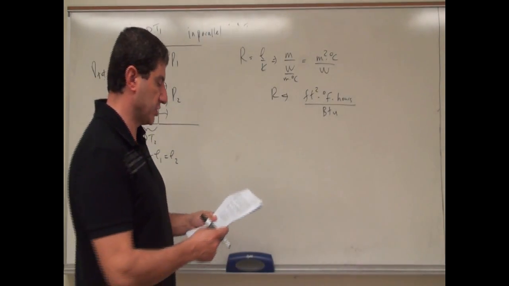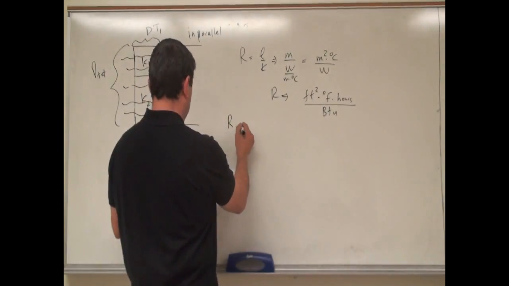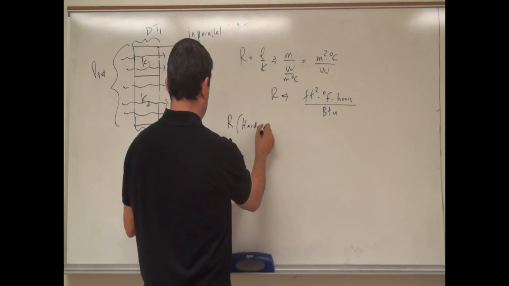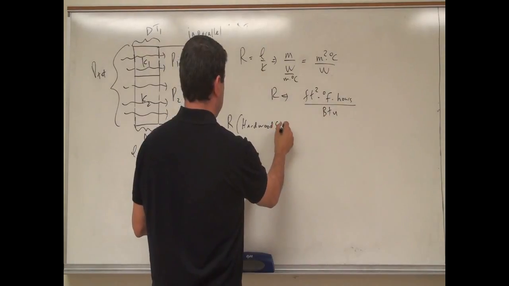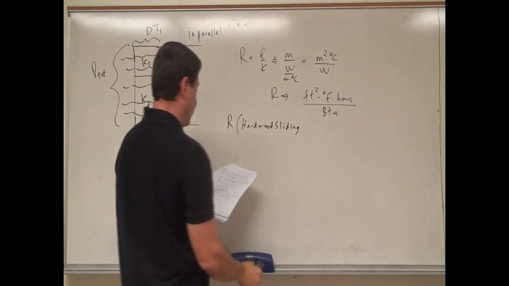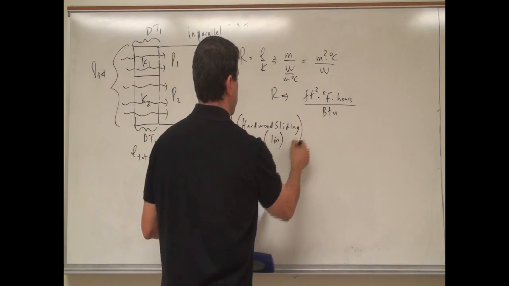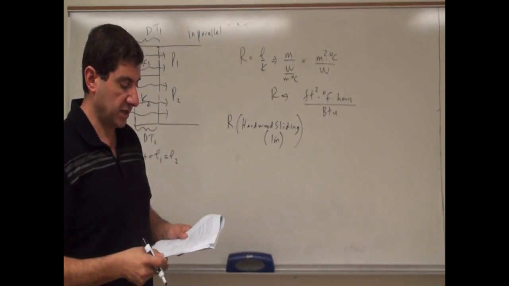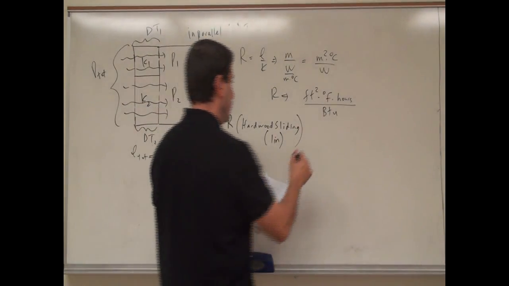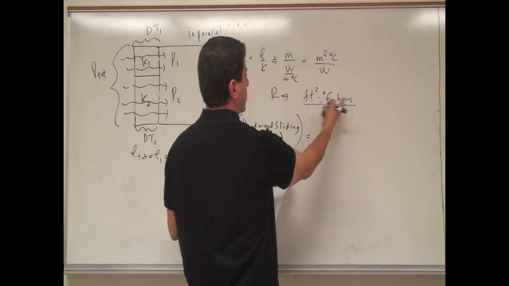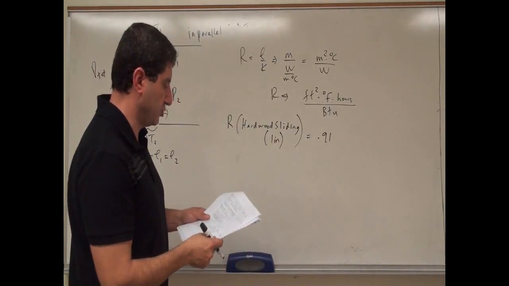So the insulation factor R for hardwood siding, for every 1 inch of the material, for 1 inch of hardwood siding, would be equal to 0.91, in units of feet squared Fahrenheit hours over British thermal units.